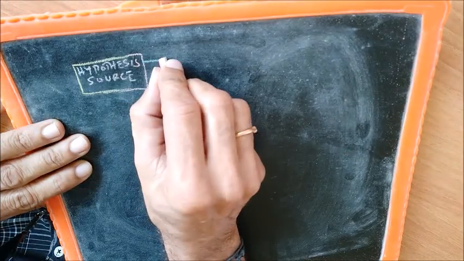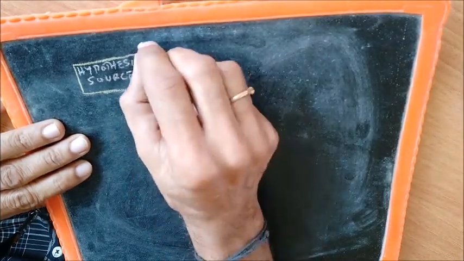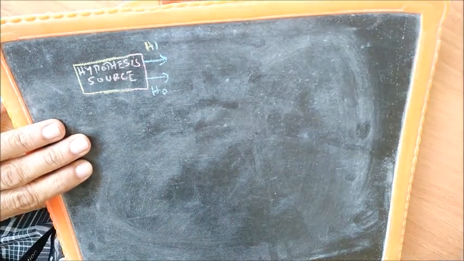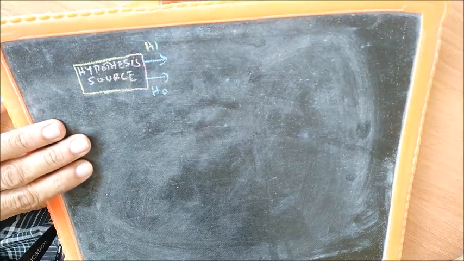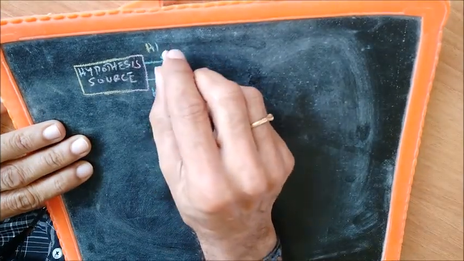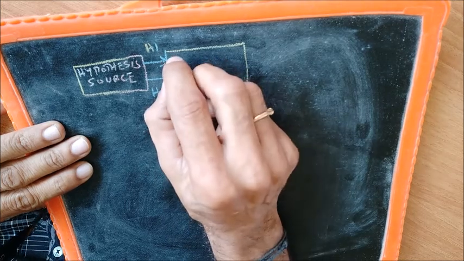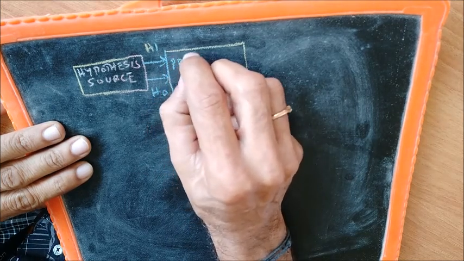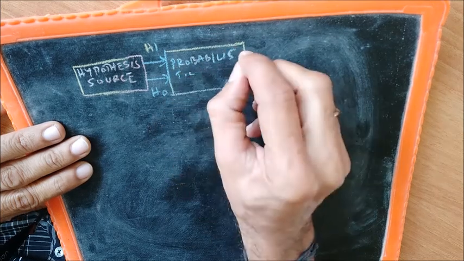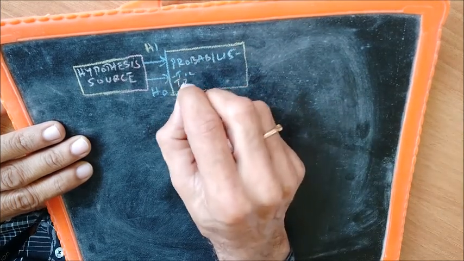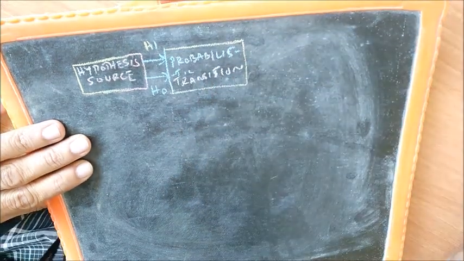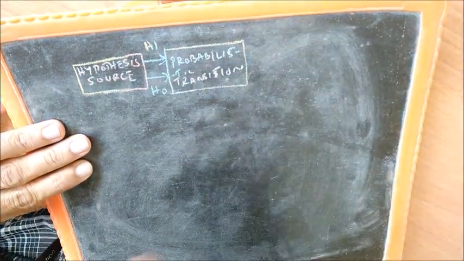And the hypothesis source will give out any one of two hypotheses, or maybe more than two. For the moment, let us say two hypotheses. And this passes through a probabilistic transition mechanism.